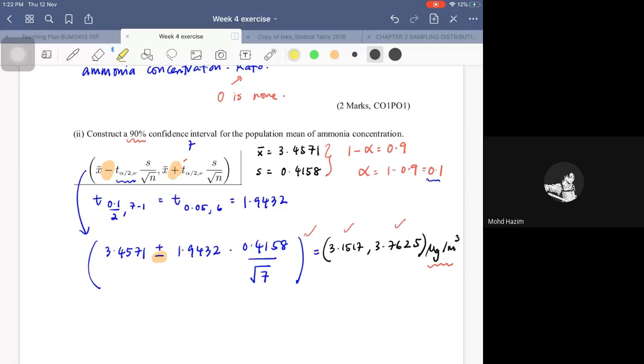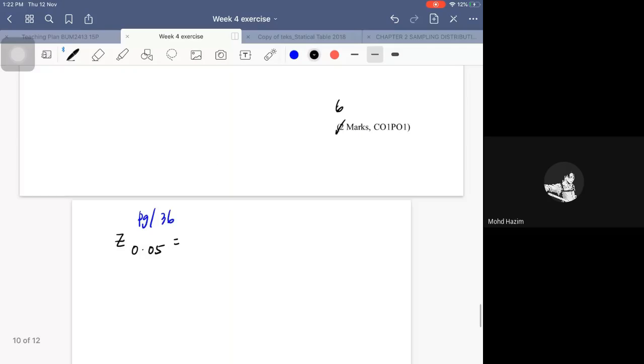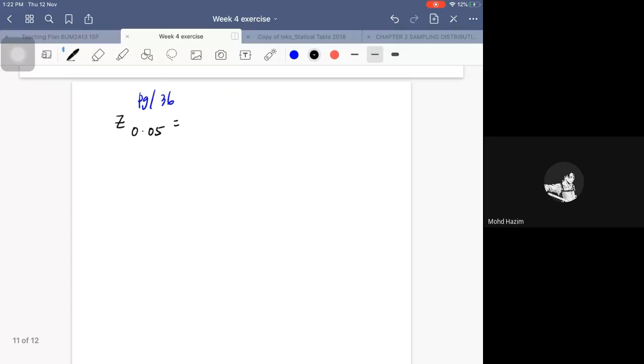The 90% confidence interval. So this is called the confidence level. For example, if the question says find the 90% confidence interval, the formula is 1 minus alpha equals our confidence level.